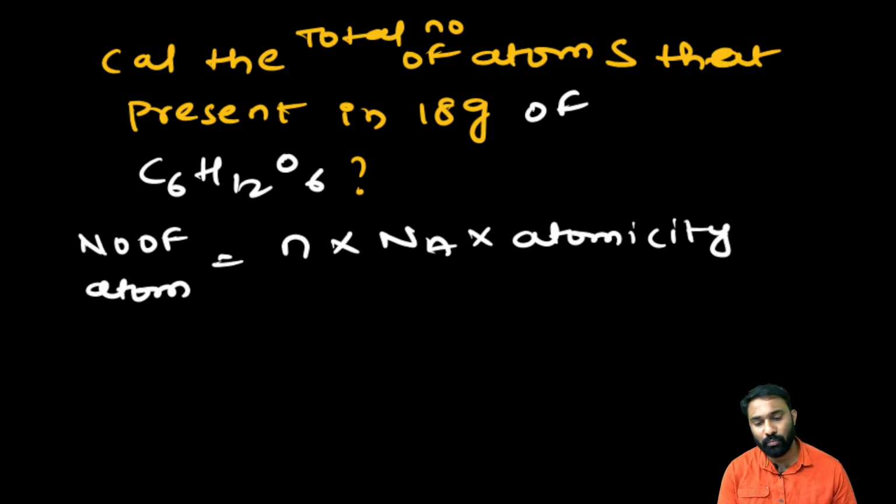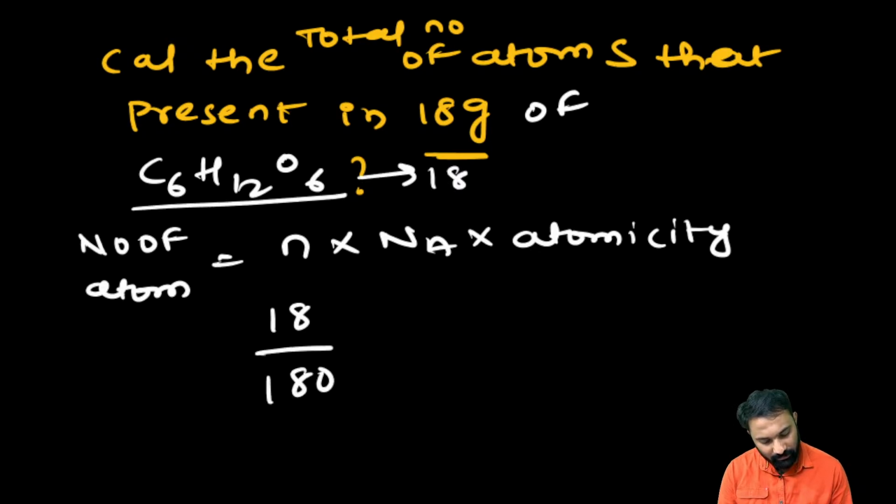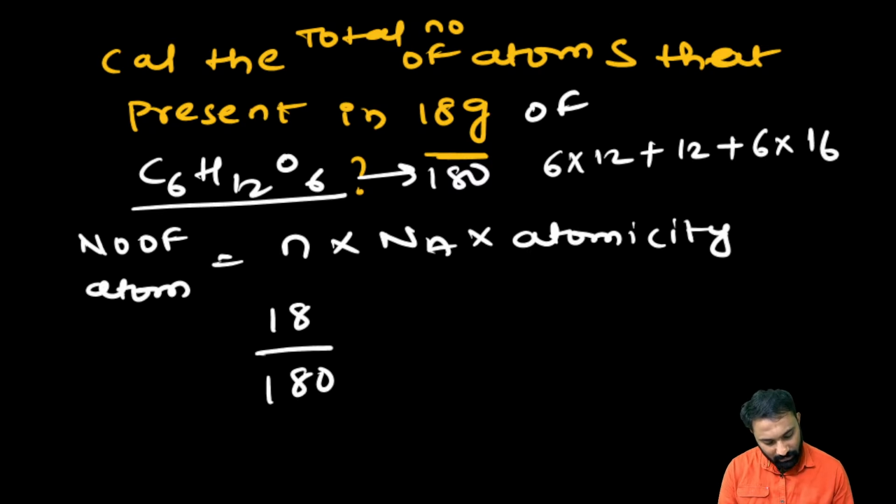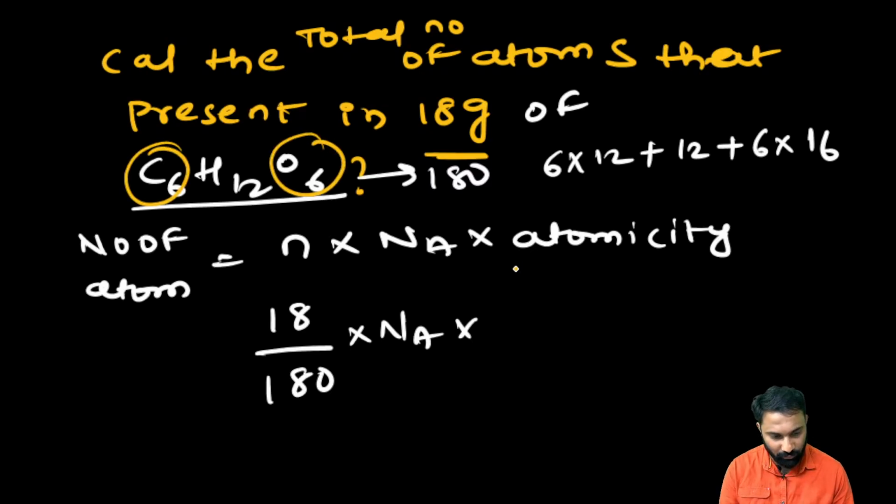2.4 Na. See, here they have given 18 gram. Number of moles will be 18 by 180. This is 180, the molecular weight: 6 into 12 plus 6 into 16. And the total atomicity is how much? You can see here 6, here 6, 12 plus 12, 24. Then 18 by 180 will give you 1 by 10.